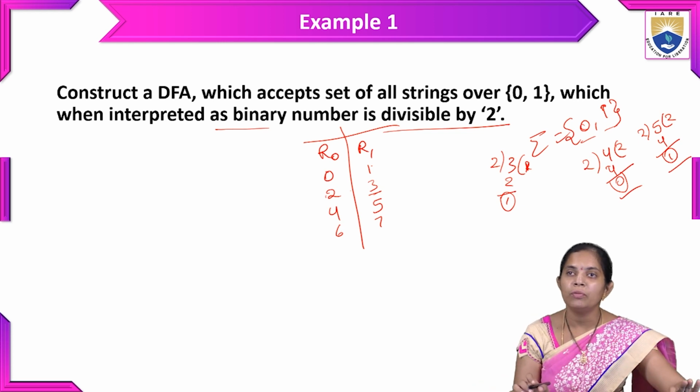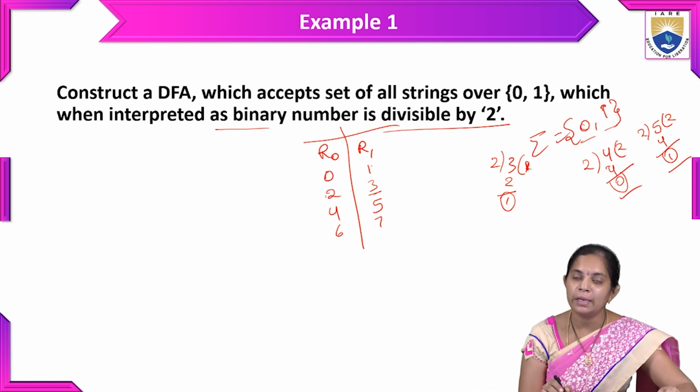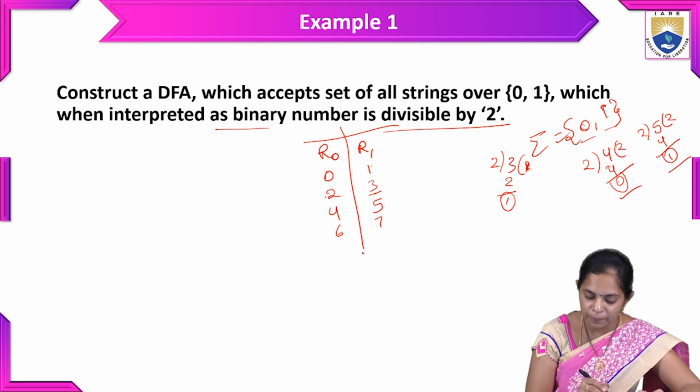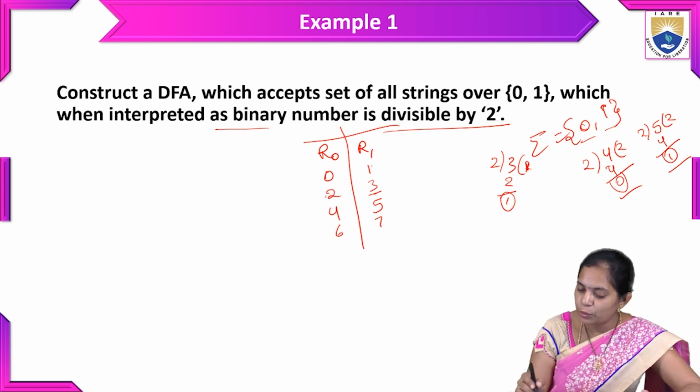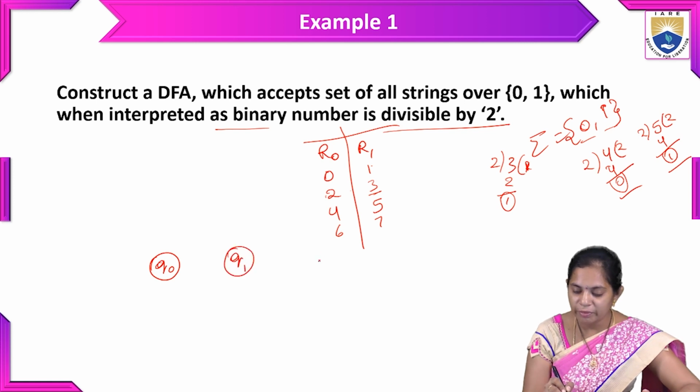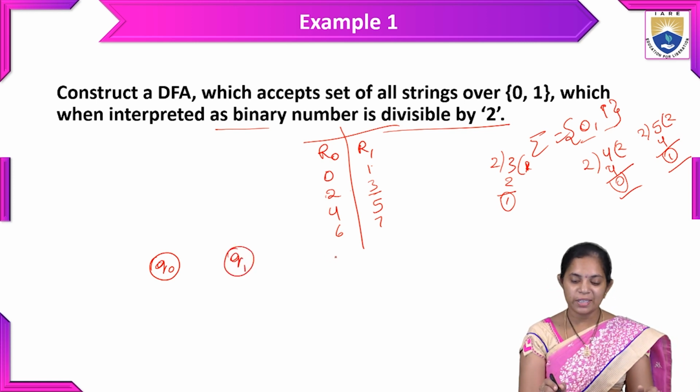For this we need to construct the DFA. We just discussed the integer values, and now we will represent these integer values as binary numbers. Since we have two remainders, we take the states Q0 and Q1, so two states are required.